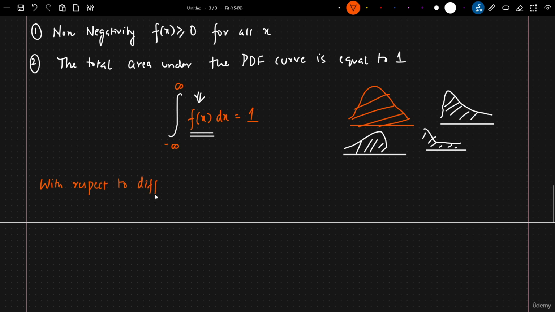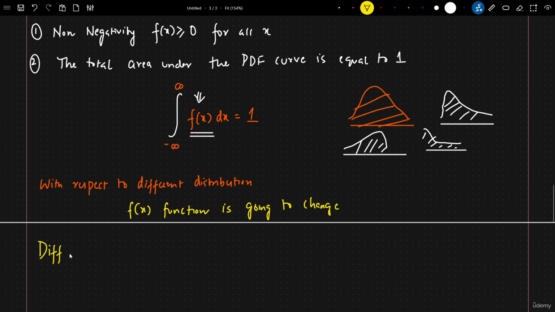So with respect to different distributions, your f of x function will change. The f of x function is going to change. And that is what we will be discussing when we discuss different distribution types.